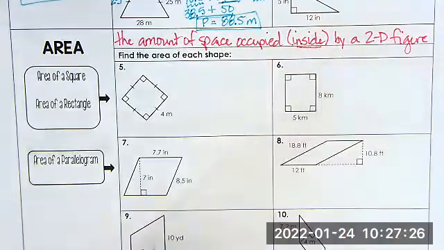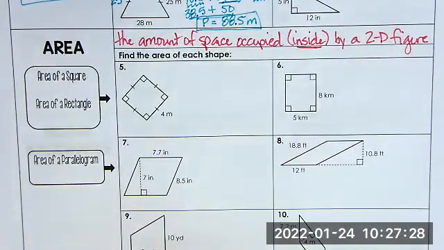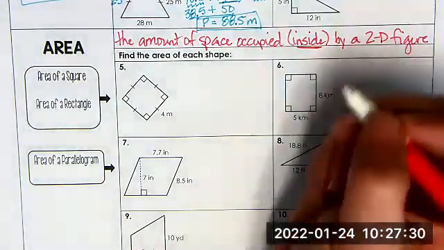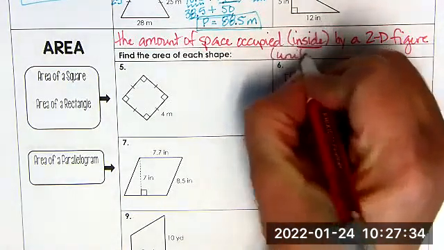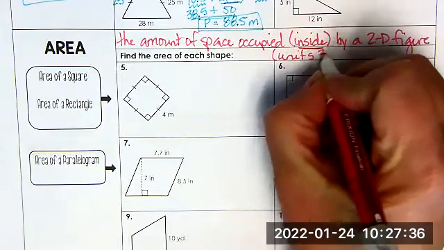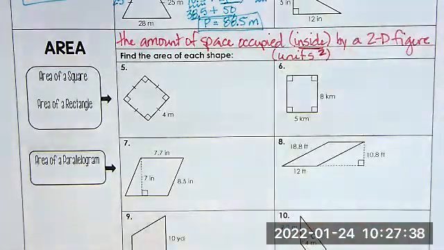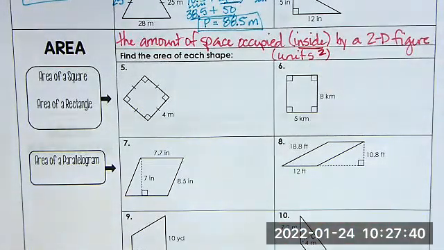Most of the time when you think about area, you think of inside. Now, for this, you want to remember that it is units squared. Okay, and the reason for that is because we do a lot of multiplication.